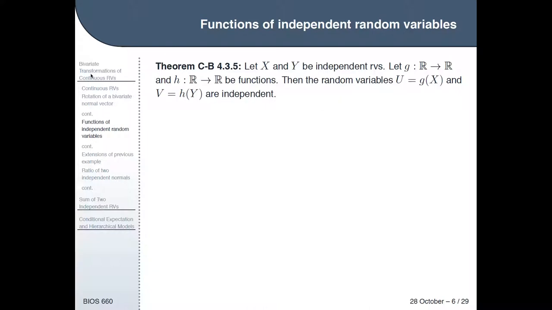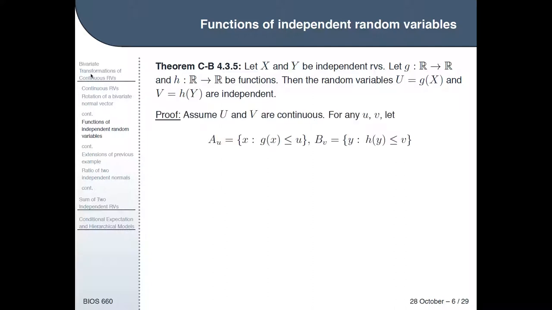And there's this theorem in Casella and Berger that says if X and Y are independent, and you take any two functions of X and Y that you can call g of x and h of y, those are also independent. The proof of that is relatively straightforward, so I'll describe it briefly. Let's define the event A sub u to be the set of x's such that g of x, the transformed version of x, is less than or equal to u.